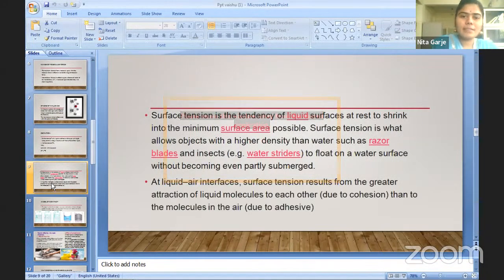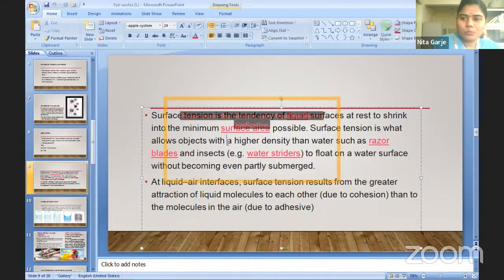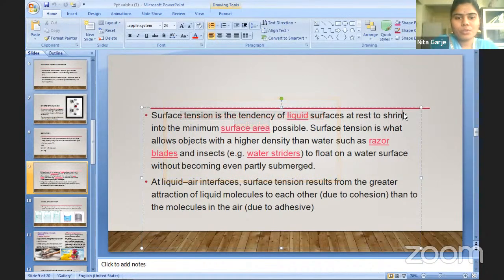Then the short details. The surface tension is the tendency of liquid surfaces at rest to shrink into the minimum surface area possible.